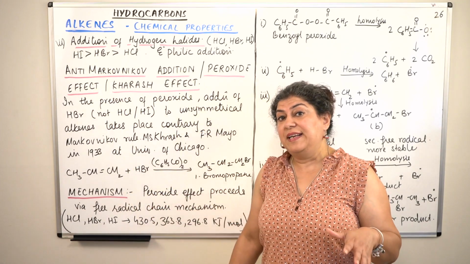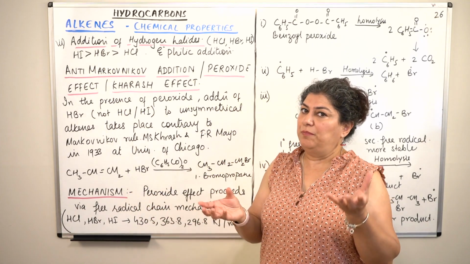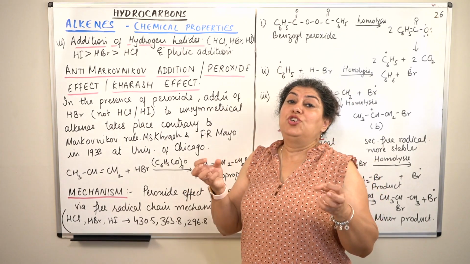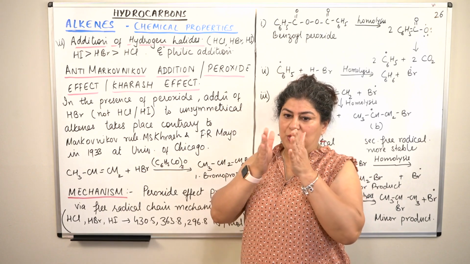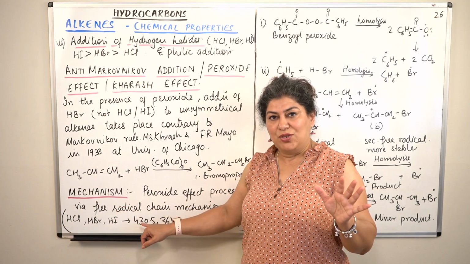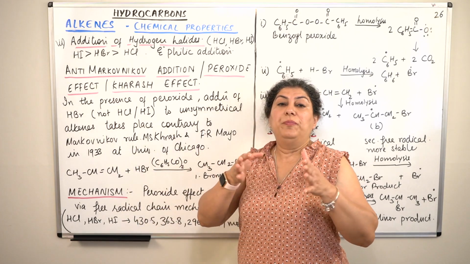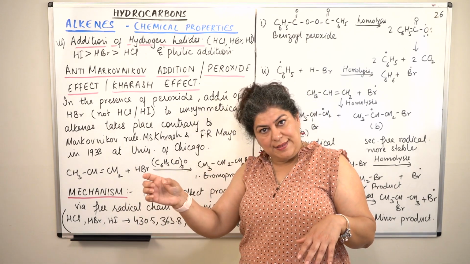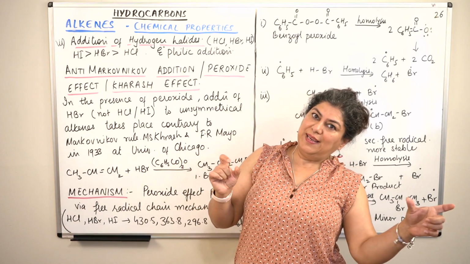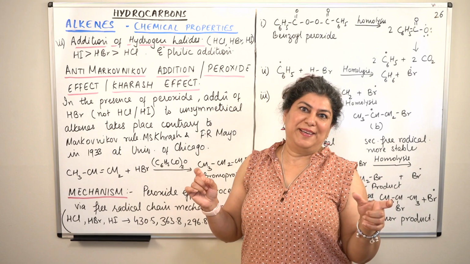But if a free radical has to be formed, free radical means that both the pieces that are formed should not be charged. Which means that when the bond between hydrogen and bromine breaks, hydrogen should get back its electron and form the hydrogen free radical, and bromine should get back its electron and form the bromine free radical.